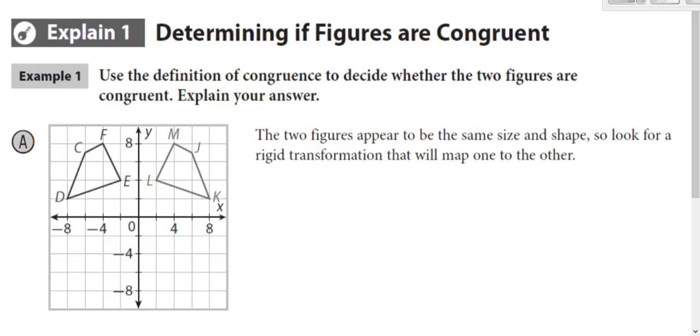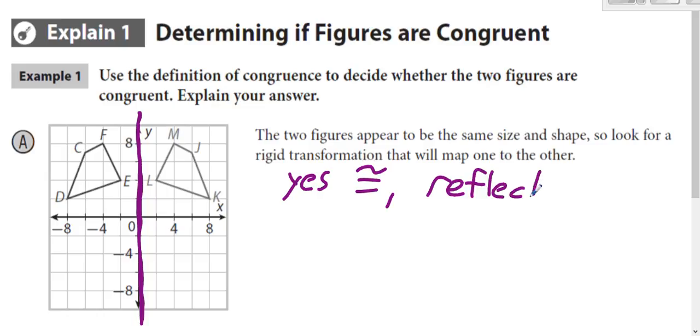And you can get that if you reflect over the y-axis. Everything will be equally spaced. So yes, they are congruent because you just have to reflect over the y-axis.